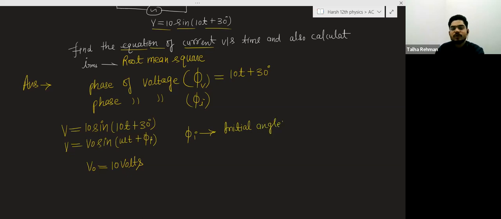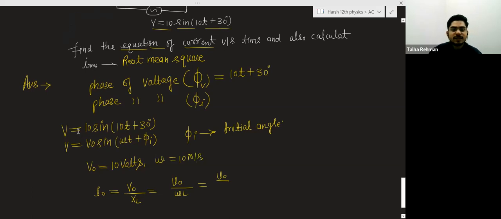When you compare, you will get V naught. Can you calculate I naught? I naught is equal to V naught by XL, and XL is equal to omega L, so V naught by omega L. Now from here also we can find omega: 10 radian per second.